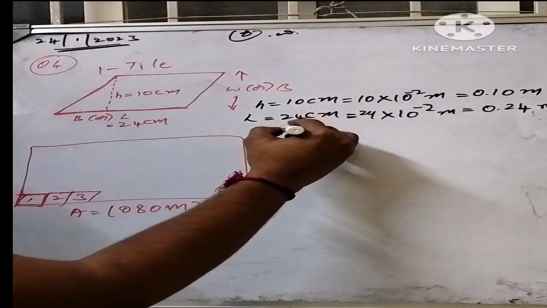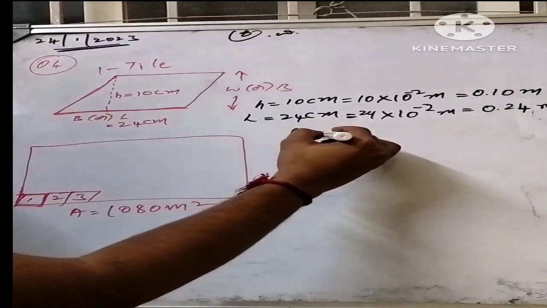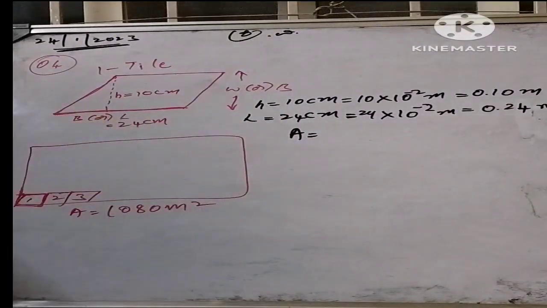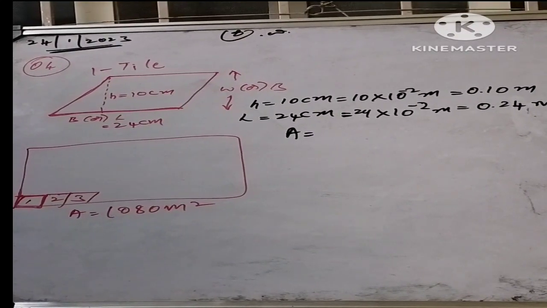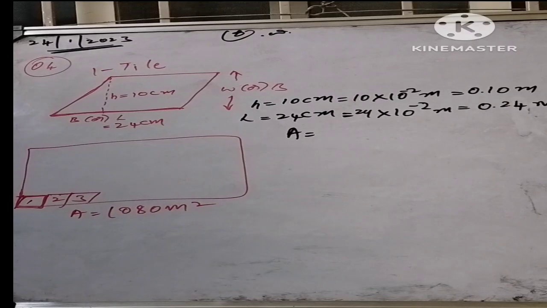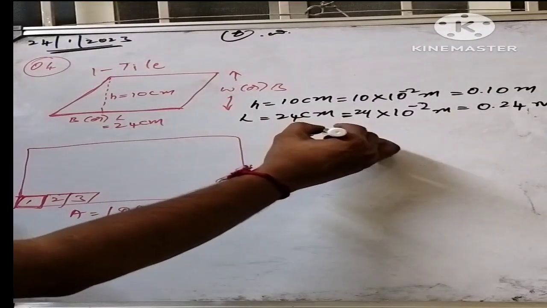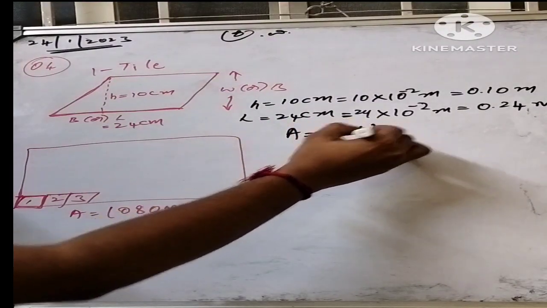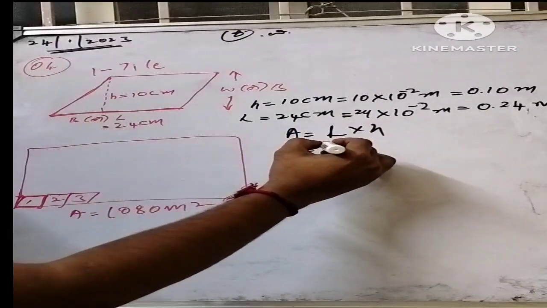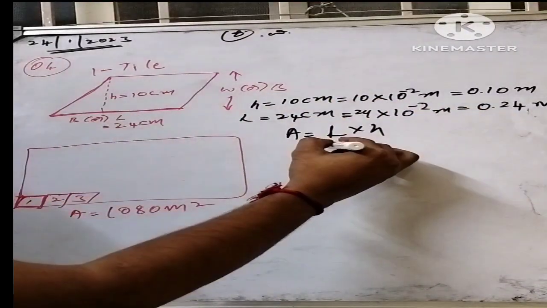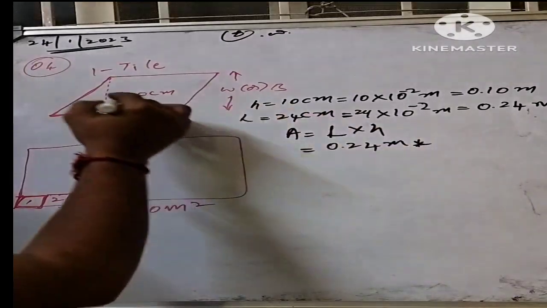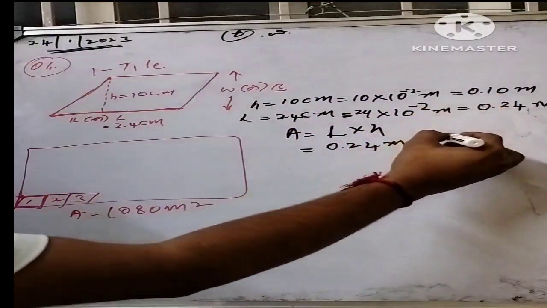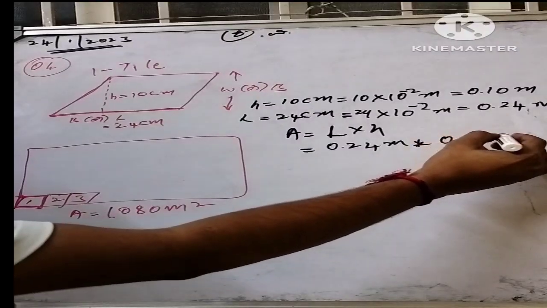Let's find out the area. Before solving a problem for perimeter or area, you should know the formulas. The area of a parallelogram is length into height. So the length or base, 24 centimeter, that we have converted into 0.24 meter, into the height, 10 centimeter, which means 0.10 meter.